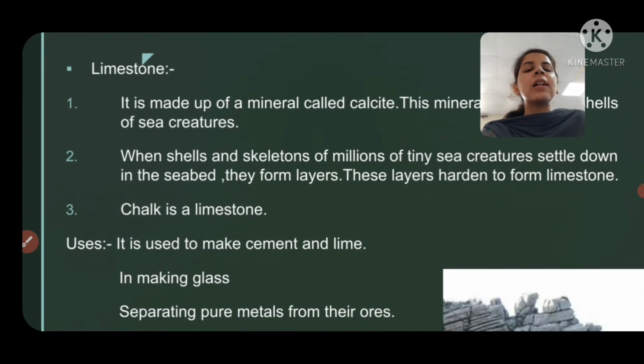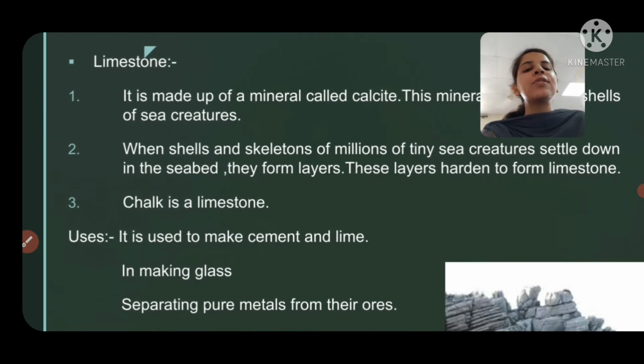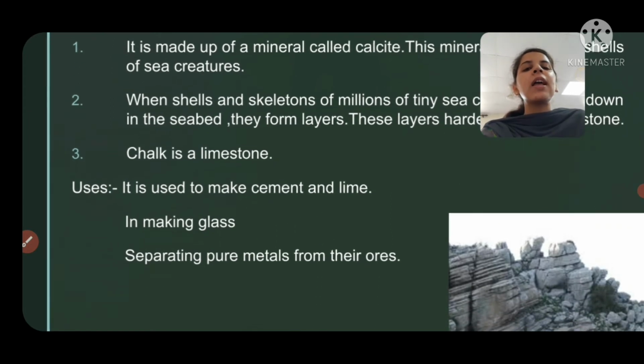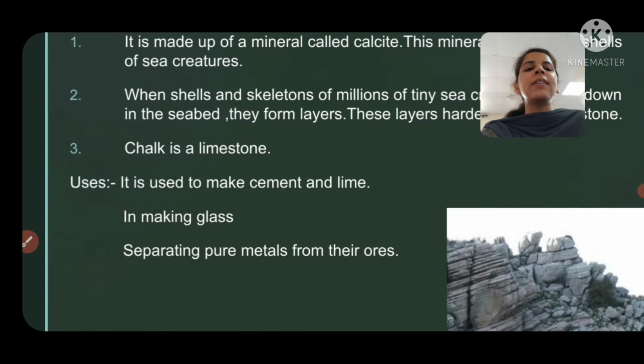For example, chalk is a limestone, right? And what are the uses of limestone? It is used to make cement and lime. It is used in making glass, and it is used for separating pure metals from their ores.